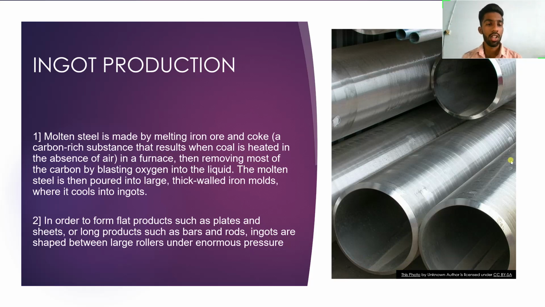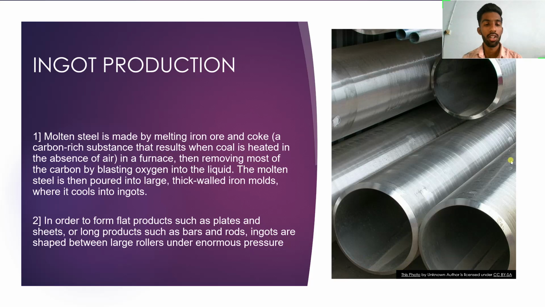Ingot production. In this, molten steel is made by melting iron ore and coke, a carbonic substance that results when coal is heated in the absence of air in a furnace. Then most of the carbon is removed by blasting oxygen into the liquid.